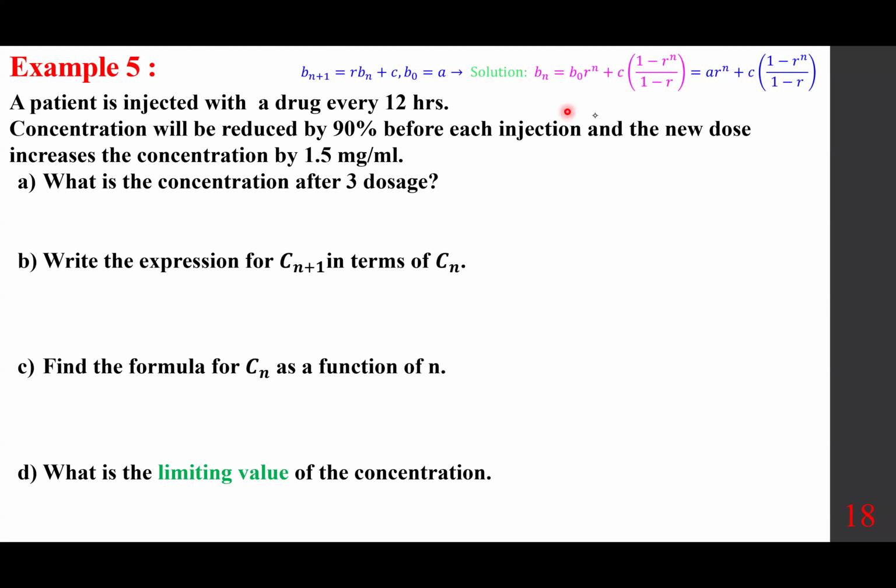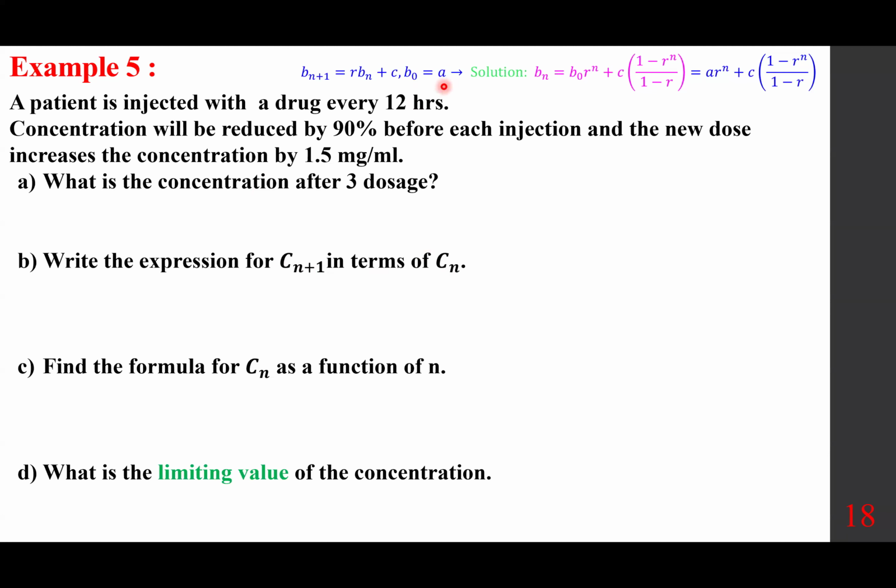So what do we need to know? Because the next part says C sub n plus 1 or C sub n, instead of B, we're going to use C. So B sub 0, we're going to say C sub 0 or A. Anytime you're dealing with a patient, unless otherwise mentioned, that one is 0, always, because initially the patient doesn't have any medication in the body. So B sub 0 changes to C sub 0 because of part B, or A equal to 0.